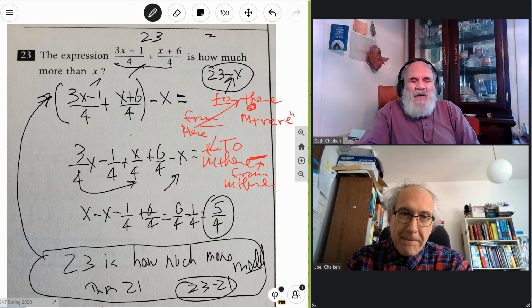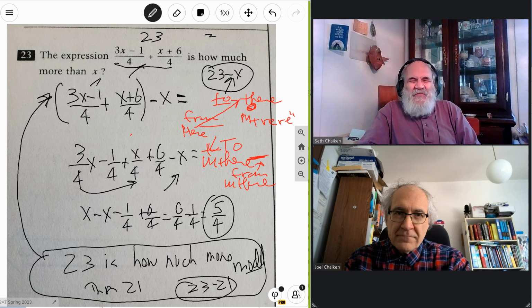Again, my memory is that I don't have any memory of a teacher or a professor explicitly stating this rule.